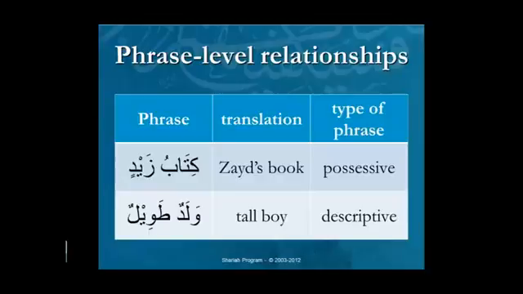If you look at them and compare them, you'll notice that the states of the two words in the possessive are not matching. The first word has a different ending and the second word, Zayd, has a different ending. I can't give you all of the regulations that govern this type of structure, but I can tell you that the second half of the possessive phrase is fixed on jar. So it has a particular grammatical state, which is jar.